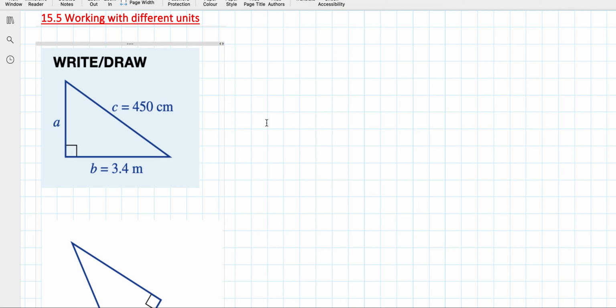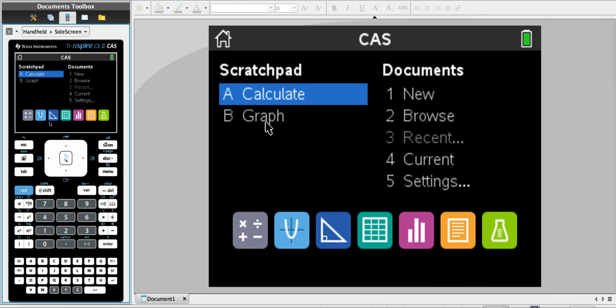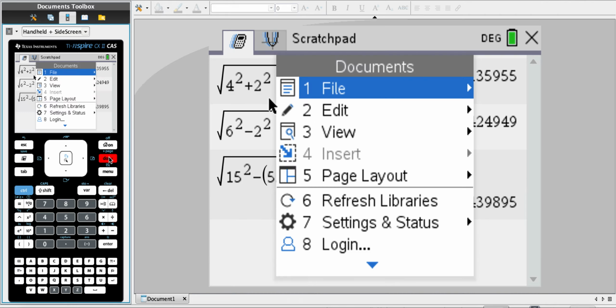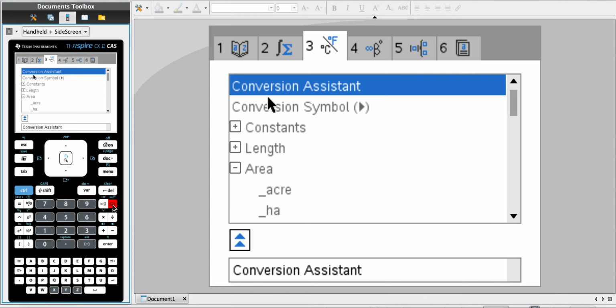So let's go to the CAS. Okay, so I'm going to change 3.4 meters into centimeters. Let's go to Scratchpad, calculate. I'm going to clear my screen. Remember, Doc B, go to clean. So what we're going to do is go to this little book here. Look where I'm hovering, and I click.